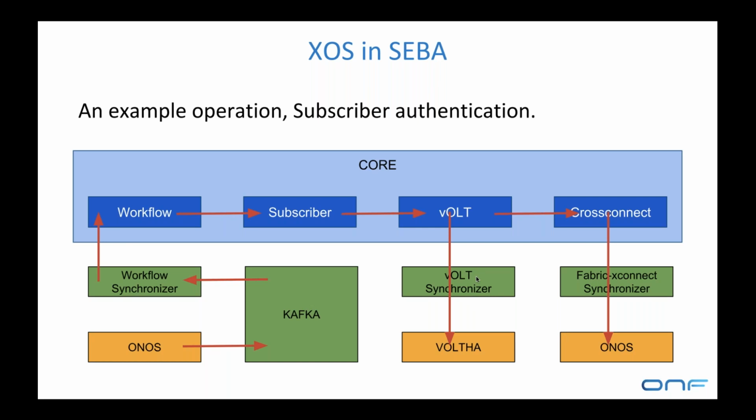So what is the workflow mechanism in the core? The workflow is a mechanism through which you can define a state machine for each particular subscriber that lets you manage its life cycle. So you'll have one instance of the workflow for every subscriber in the system, and that will track what the state is, whether it is being authenticated, whether it has been assigned an IP.